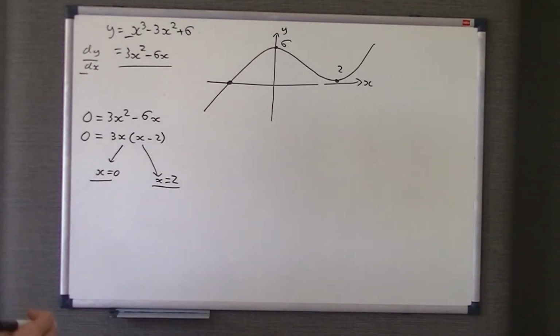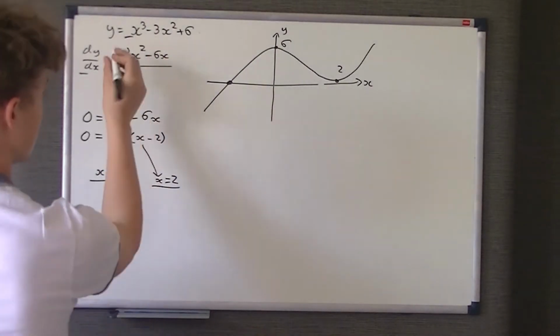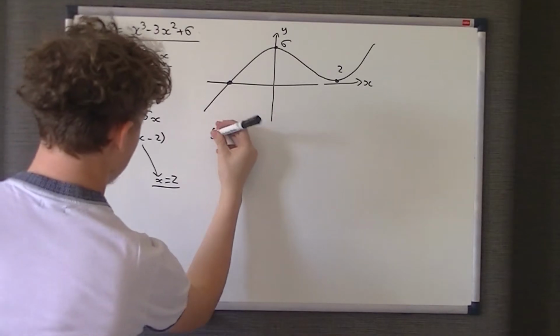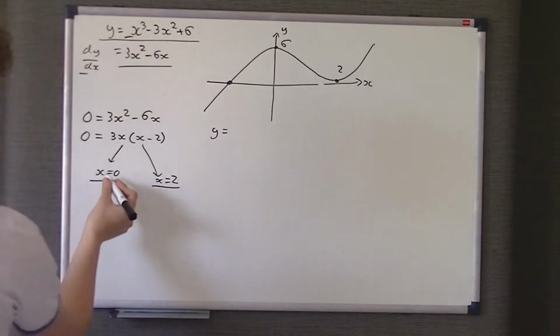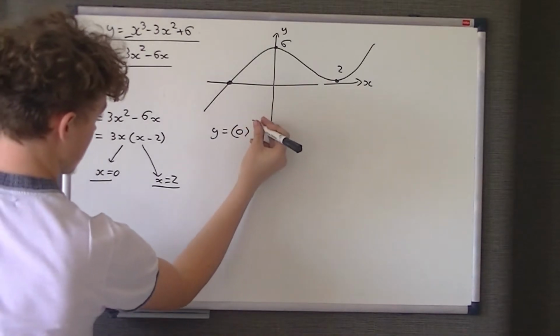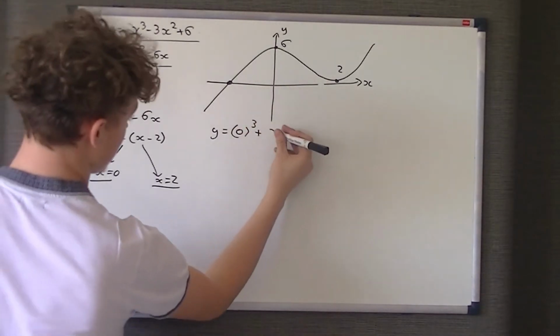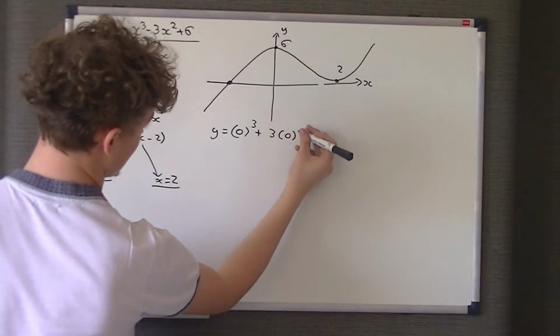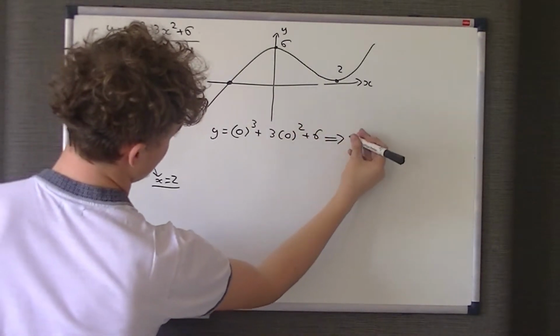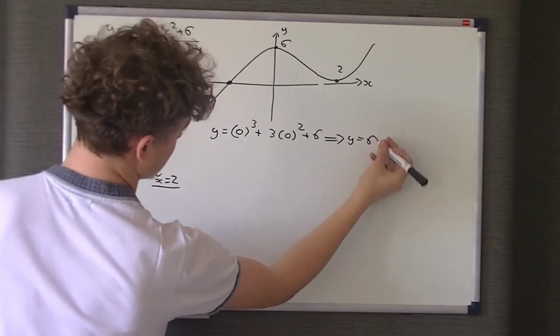So simply all we do to get y is take this equation up here and substitute it in. I'm going to do the 0 first: 0 cubed, which is just 0, plus 3 times 0 squared, which is 0, plus 6, so therefore y equals 6.